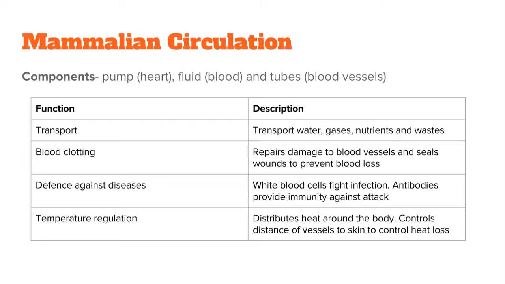Another function is to defend ourselves against diseases, and there we're talking about white blood cells and how they fight against infection, specifically their ability to produce antibodies which provide immunity against any further attacks to our body. And then our final one, which we've covered previously, is temperature regulation. So we're talking about vasodilation and vasoconstriction, which helps to control heat loss and heat gain in our body.